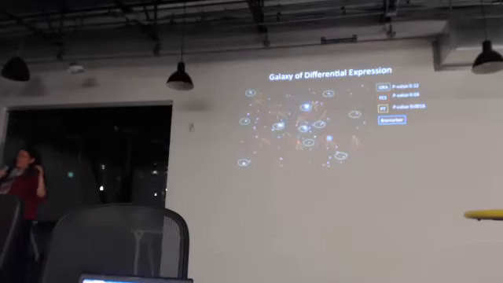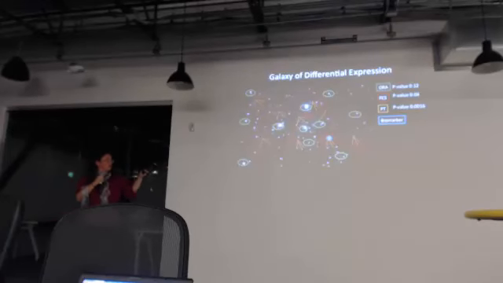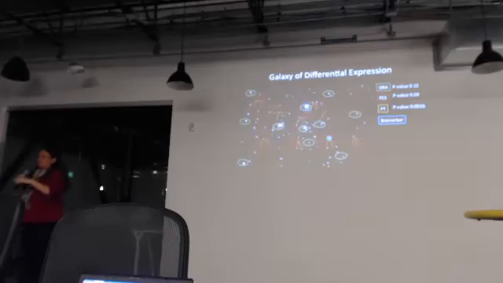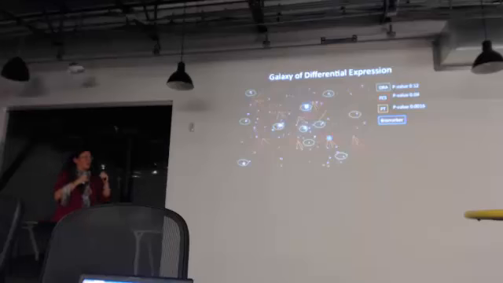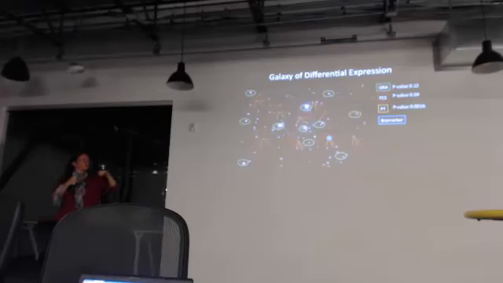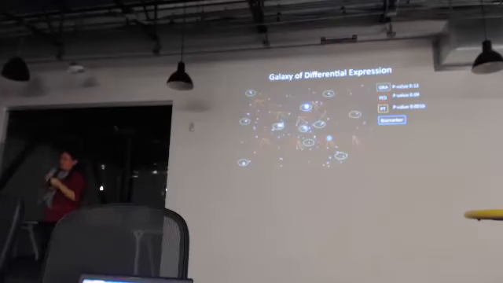The functional class scoring methods are picking up on coordinated changes that are just below the surface. And then the pathway topology is really dependent on the knowledge base, so you're getting different pictures of the data. And we don't know where the biomarker is going to lie.